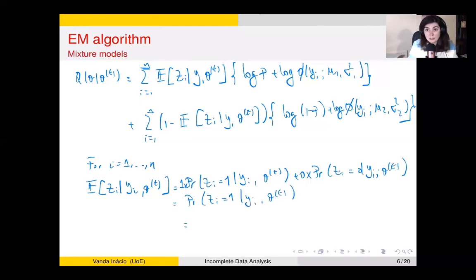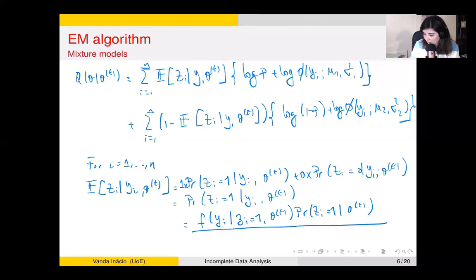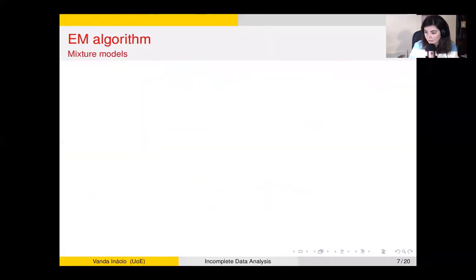And now I can use Bayes' theorem, and in particular I can write this as f of yi given that zi is equal to 1 and theta t, times the probability that zi is equal to 1 given theta t, over f of yi given theta t. Okay, and I will rewrite this again here.